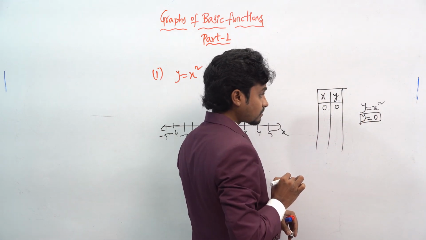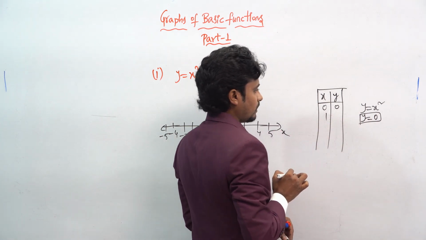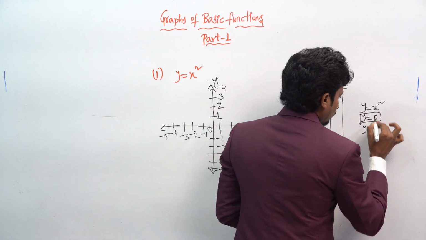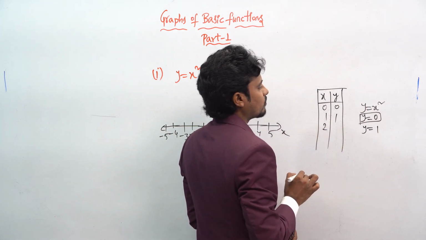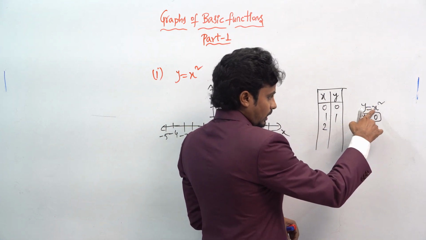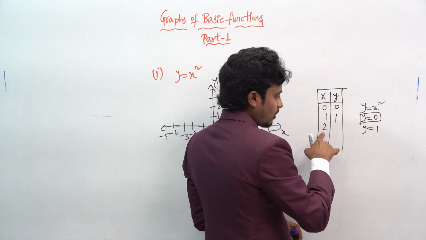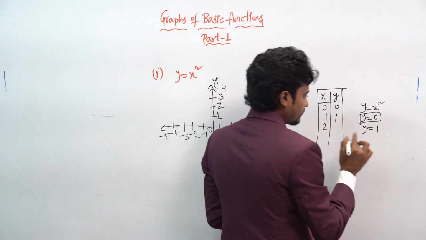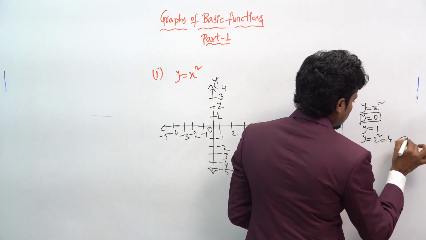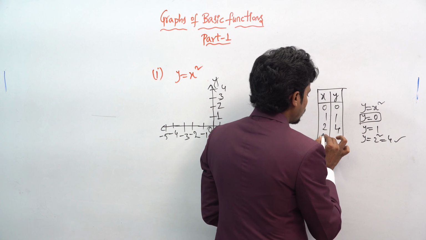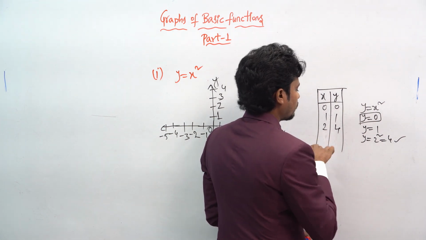Next, for 1, y is equal to how much? 1 square means 1. For 2, in place of x replace x with 2, that will become 2 square, y = 4. y = 2 square becomes 4. And if you want to take more, okay, 2 is enough.